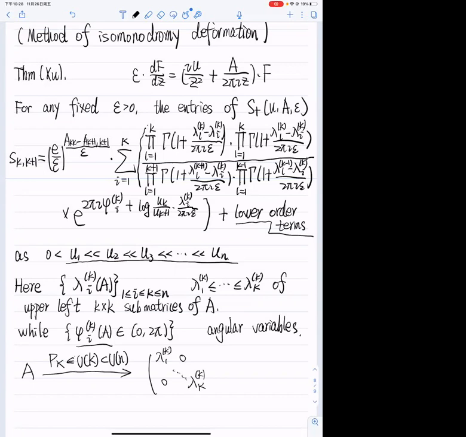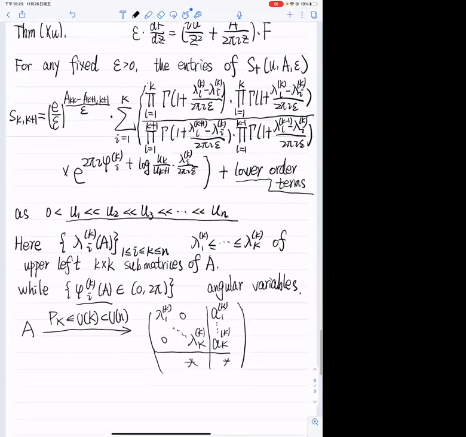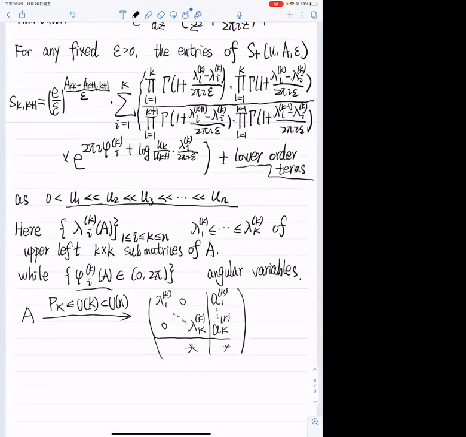Well, the K plus 1 column is denoted by the entries A_K1, A_K2 up to A_KK. So this is a block matrix, of course. Each of these A_K1 to A_KK can be seen as a function of A, but they are only defined on an open dense subset.